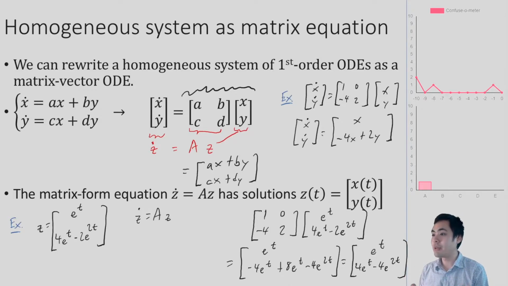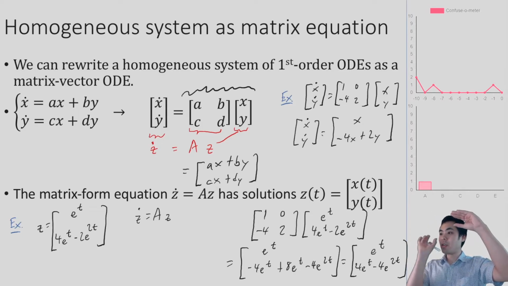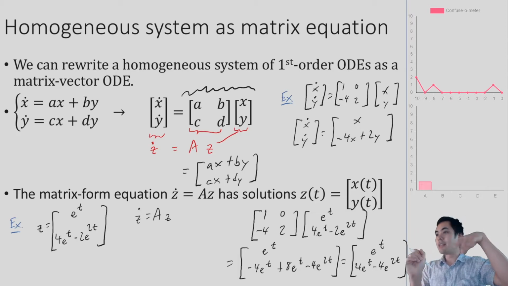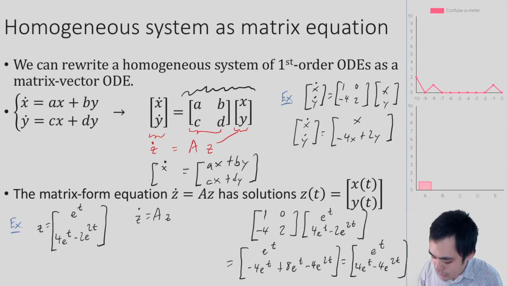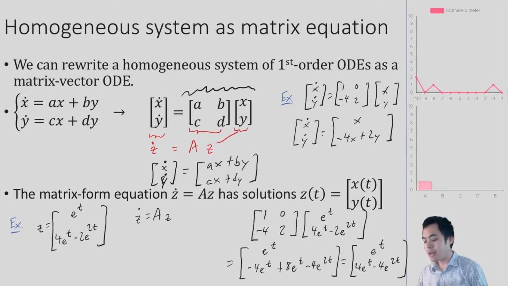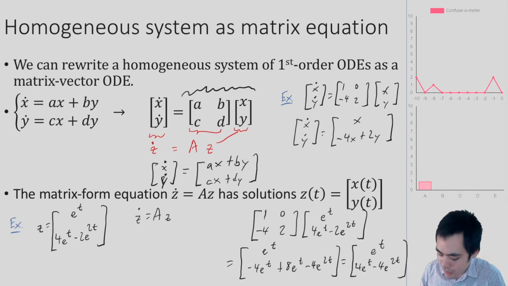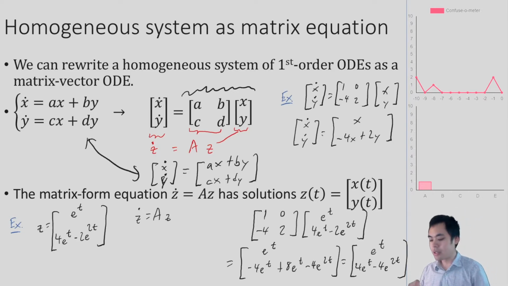When you take a 2 by 2 matrix and multiply it by a 2 by 1 vector, you take the inner product of the first row and the vector, and then the inner product of the second row and the vector. Okay? So basically, this entire equation is just saying (x dot, y dot) is equal to (ax plus by, cx plus dy). And you'll notice that if you just take a look at the top component, these two are entirely equivalent. Does that make sense?